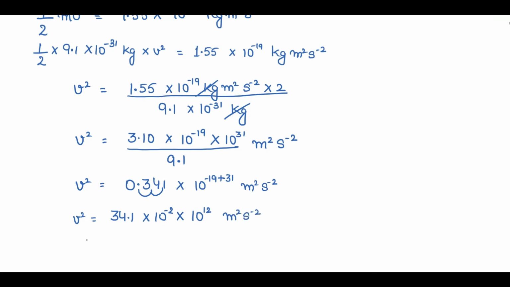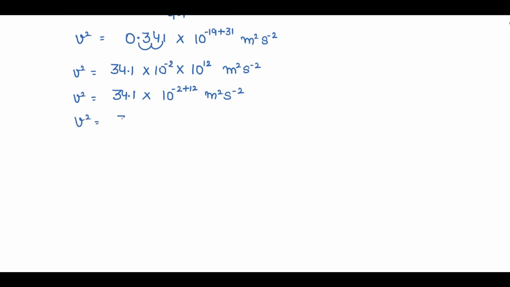These two powers are again in multiplication, so you can simply add them. So v square equals 34.1 into 10 raised to power minus 2 plus 12, meter square second inverse square. When you subtract 2 from 12, it will be v square equal to 34.1 into 10 raised to power 10 meter square second inverse square.